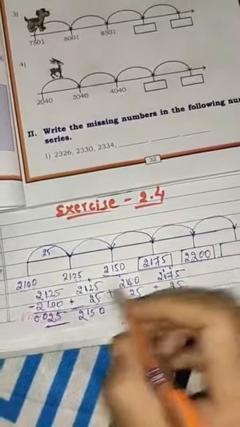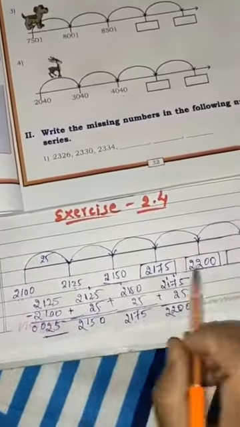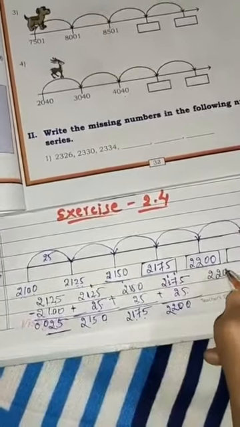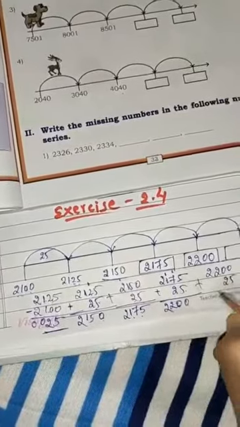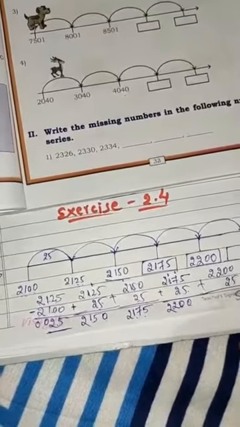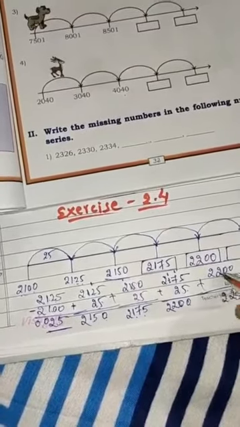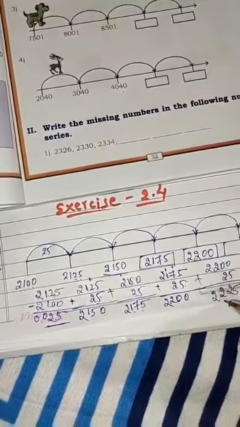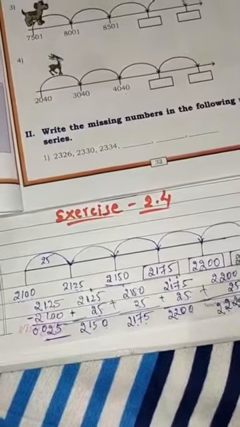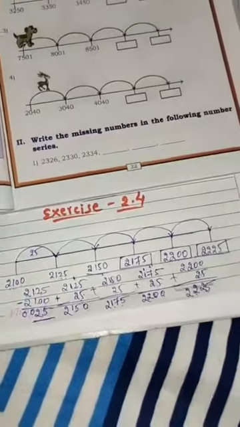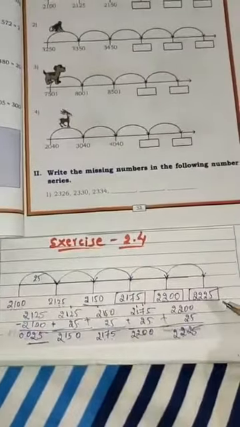We have to add 25 to this number. 2200 plus 25. 0 plus 5, 5. 0 plus 2, 2. The 2 will come down as it is. So 2225. 2225. Yes. Understood, children? Yes.